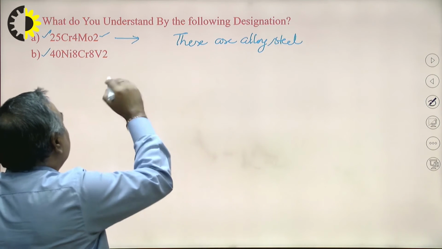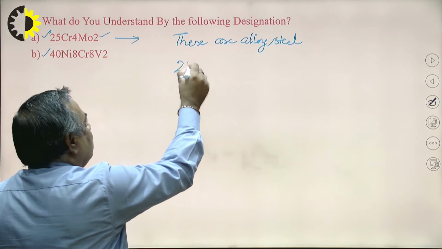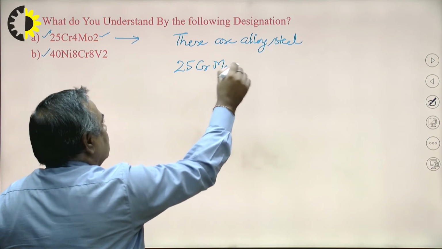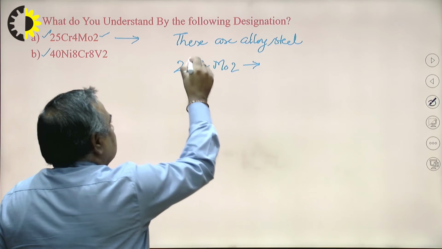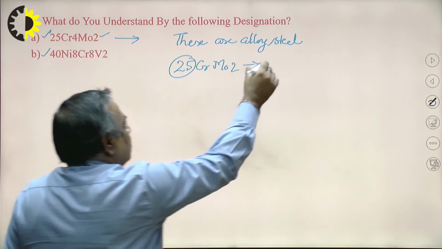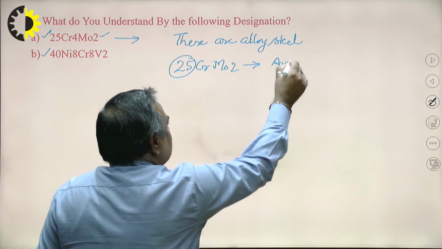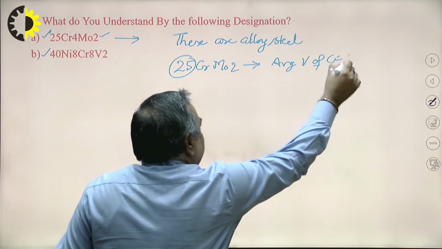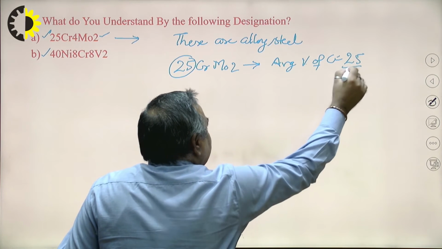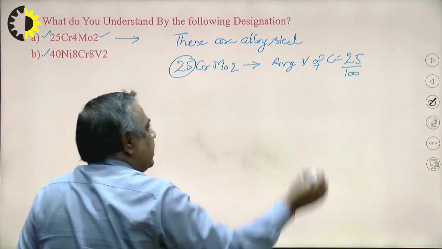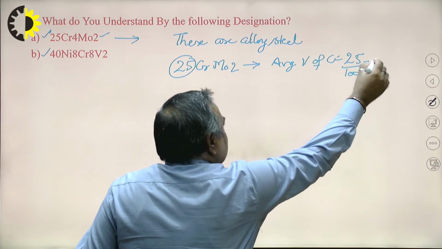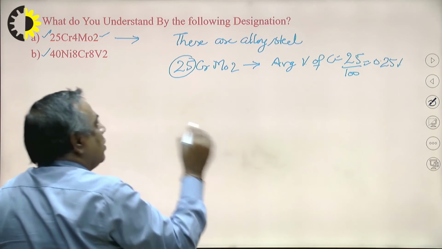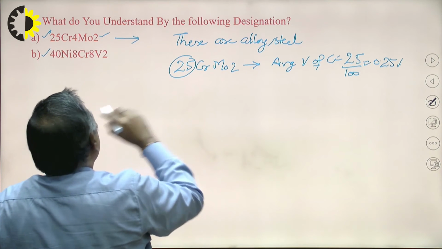First we consider this is low alloy steel. So here 25CrMo2. It will contain 25, meaning the average percentage of carbon is equal to 25 divided by 100, that is 0.25. 0.25% carbon is there. Then Cr is 4.